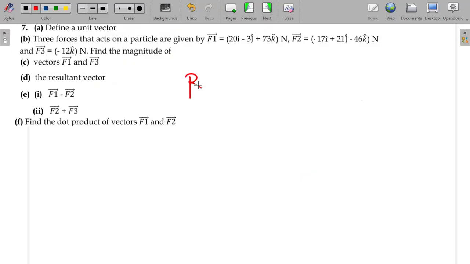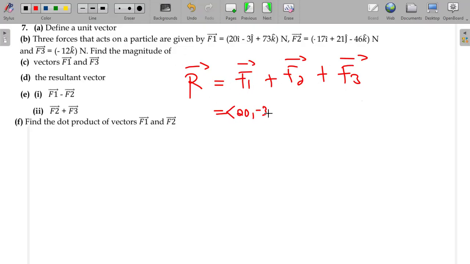So the resultant vector equals F1 plus F2 plus F3. It's just going to be equal to, so this one here is simply 20, minus 3, and then 73, plus F2, which is minus 17.